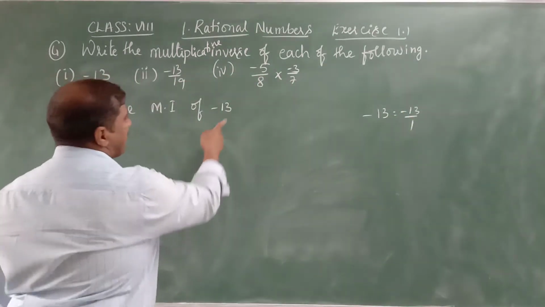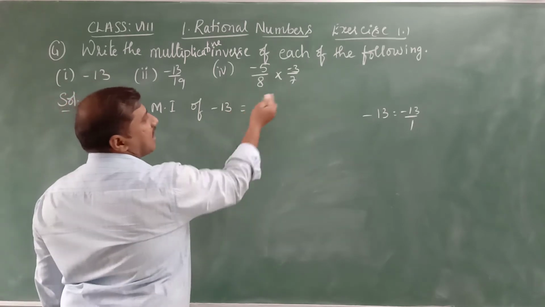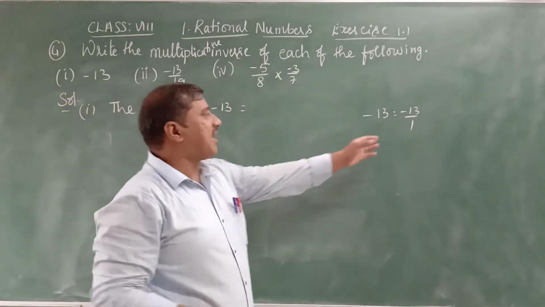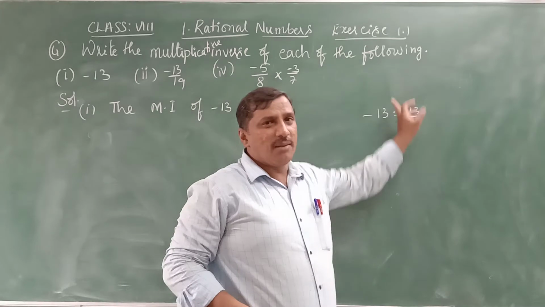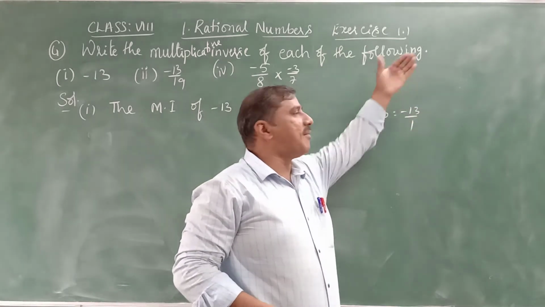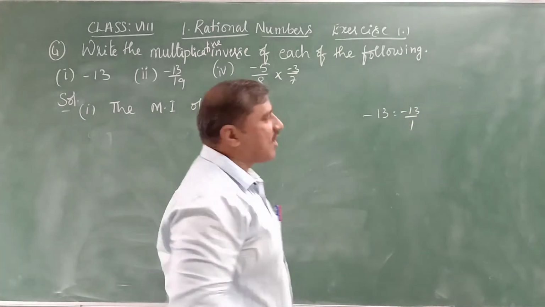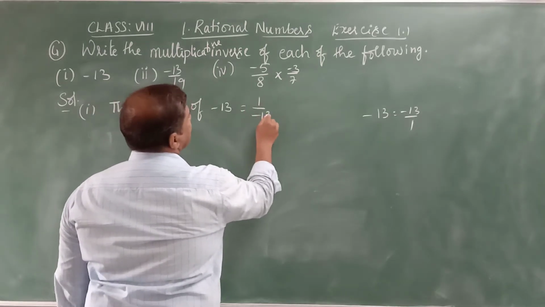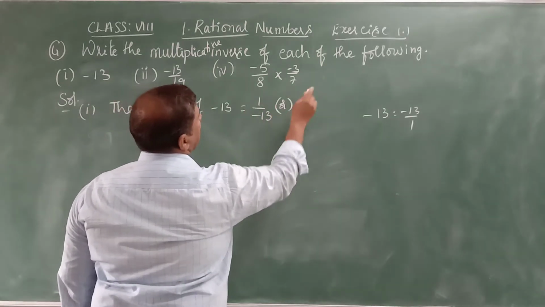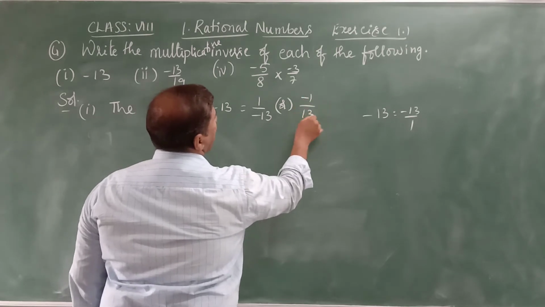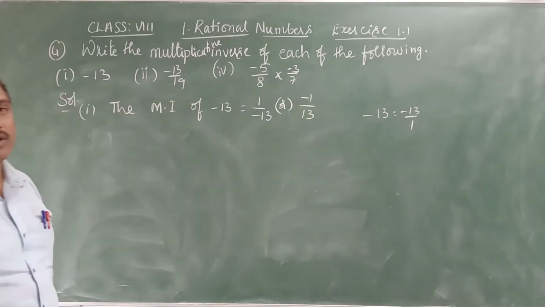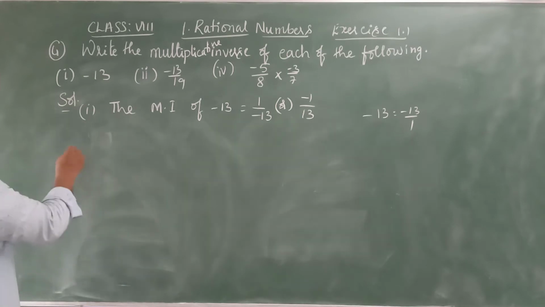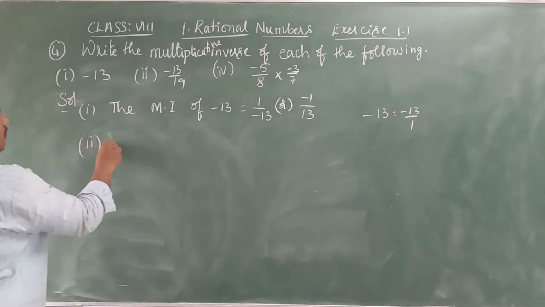Therefore, the multiplicative inverse of minus 13 can be written from minus 13 by 1. The denominator will become the numerator and the numerator will become the denominator. That is 1 divided by minus 13, or in standard form we can write minus 1 by 13. Minus 1 by 13.